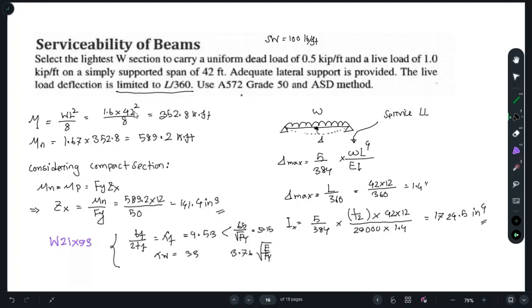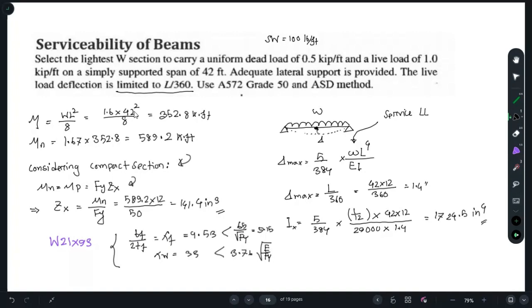If you put the values right over here, you'll see that this value is way greater than the lambda w value. So from here you can say that the section we assumed to be compact is compact, and the formula we use for a compact section is okay.